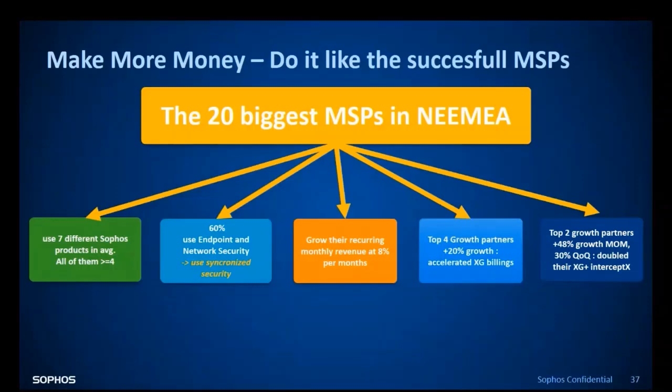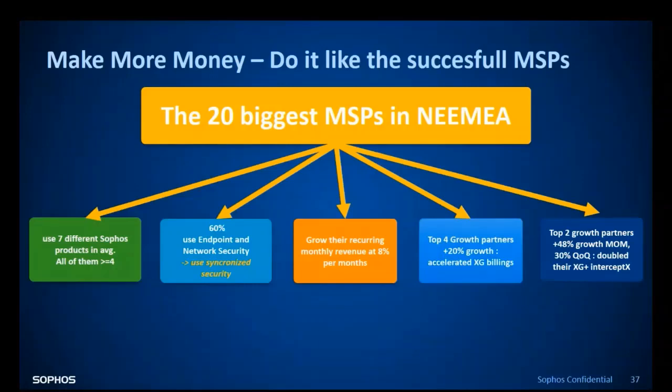And you can even have the potential to grow at 48% month over month, and that's our top 2 MSPs in NEEMEA, just by selling Intercept X, which is our anti-ransomware product, and our XG. And of course, this is where synchronized security clicks, right?